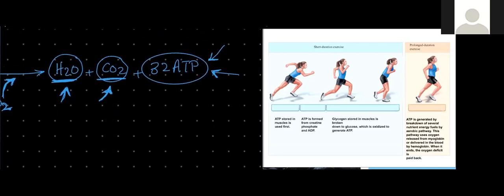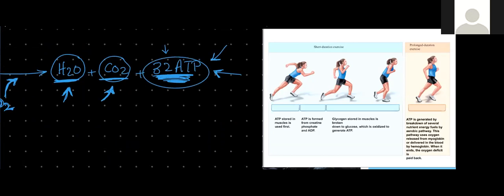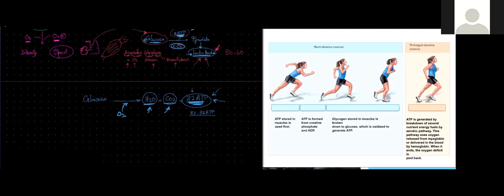How many ATPs would I be producing if I break down the glucose in the presence of oxygen, if I did have enough time to supply the muscles with oxygen? I would be producing 32 ATPs. Actually, it's 32 to 36 ATPs going to be produced per glucose.